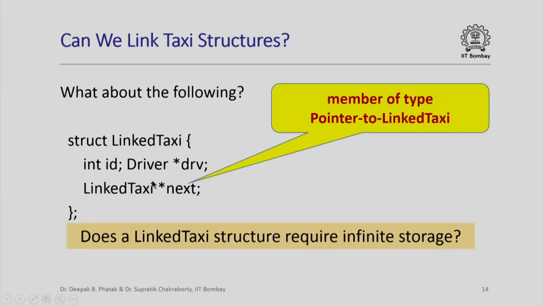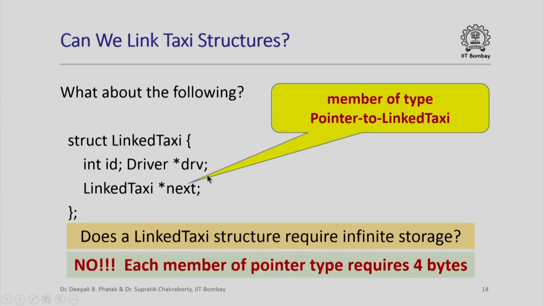In this case, does an object of structure type linked taxi still require infinite storage? It is easy to see that it will not, because this member is merely a pointer to another object of structure type linked taxi, and a pointer just requires 4 bytes of storage, and therefore the total amount of storage required for this structure is finite.